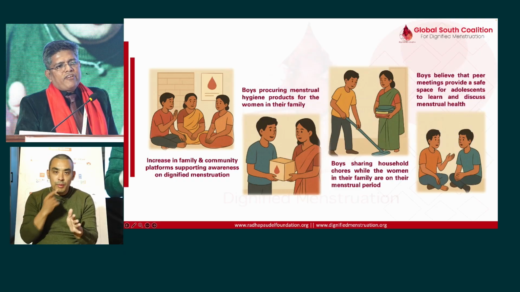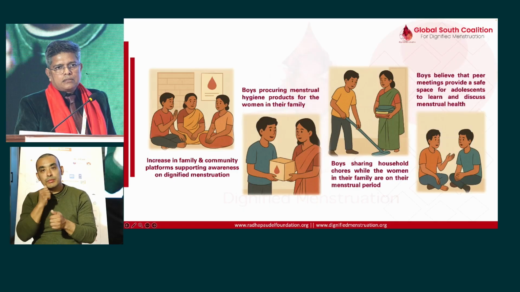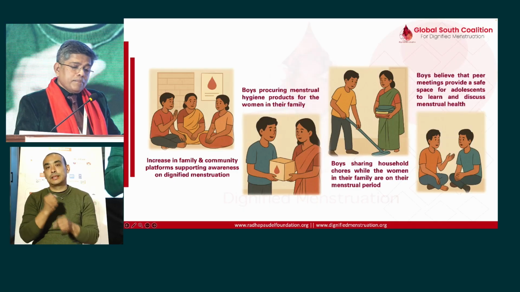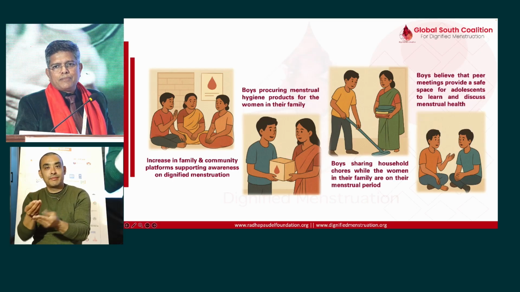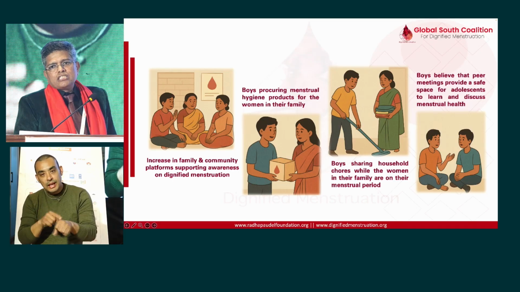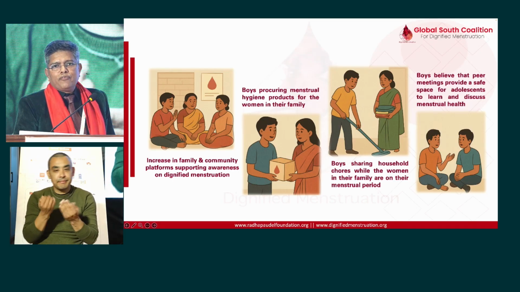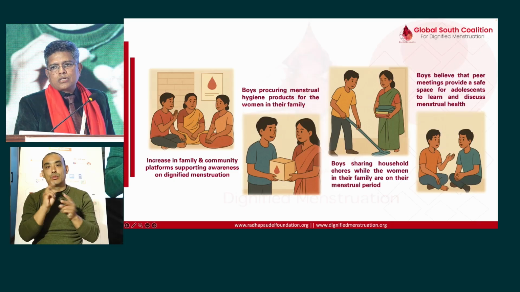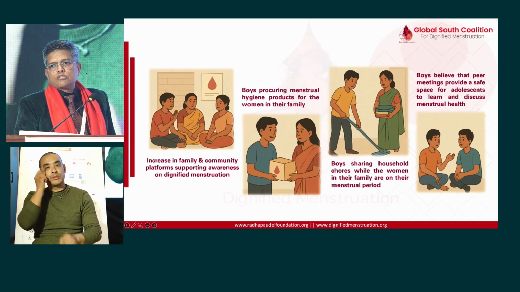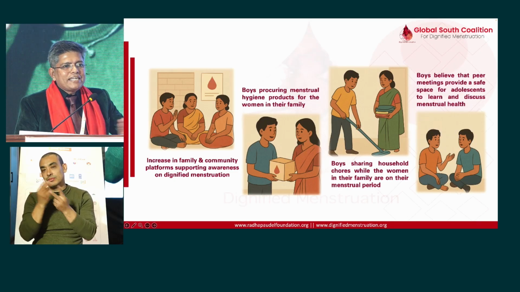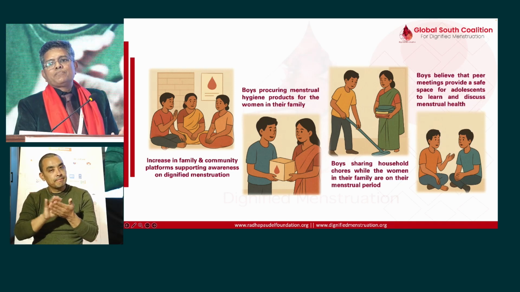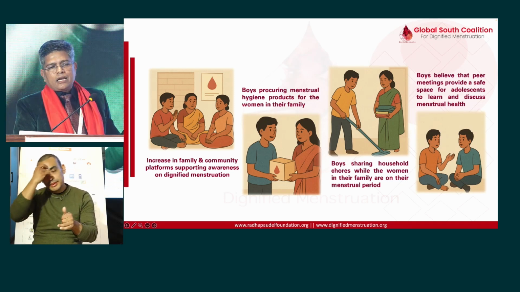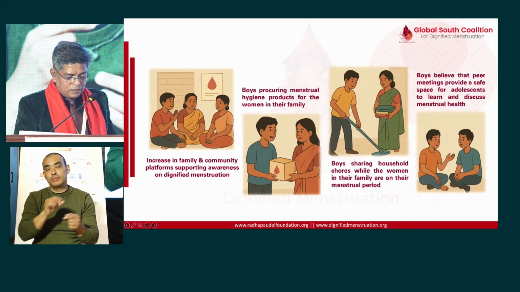The community and family have started supporting this menstruation awareness. Boys started sharing the household chores while the women are on their menstruation. And boys believe that menstruation is something which is normal and which needs to be talked about, rather than being influenced with shame. So positive masculinity has shed away the shame and stigma around menstruation and dignified menstruation.